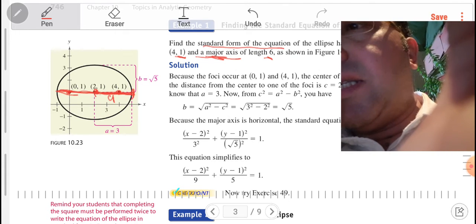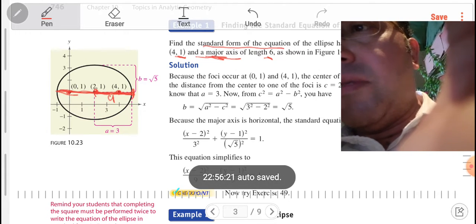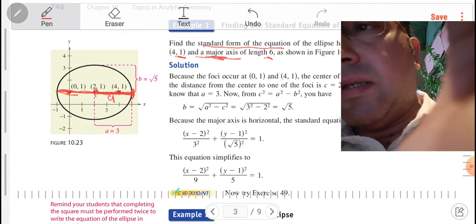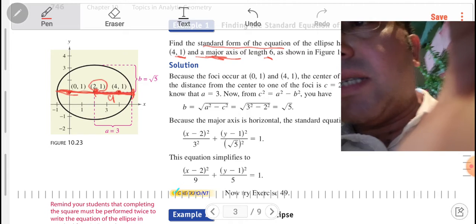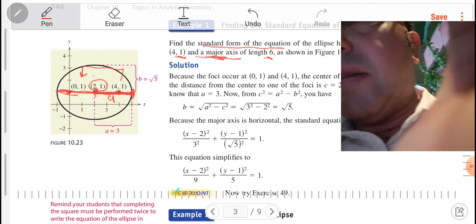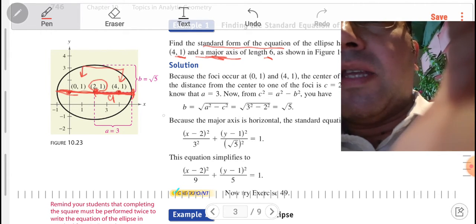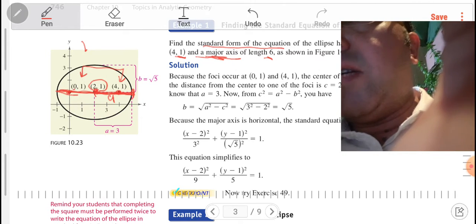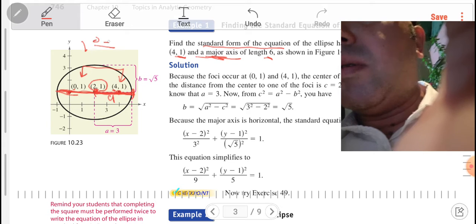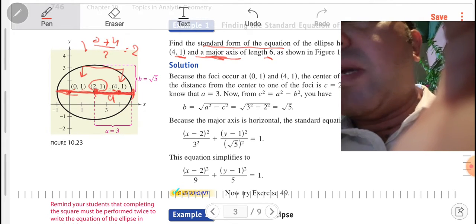The distance of one focus, letter c, is the distance from the center to the focus. How to determine the center? The center is the middle point between the two foci. So find (0 plus 4) over 2, which is 2, and (1 plus 1) over 2, which is 1.